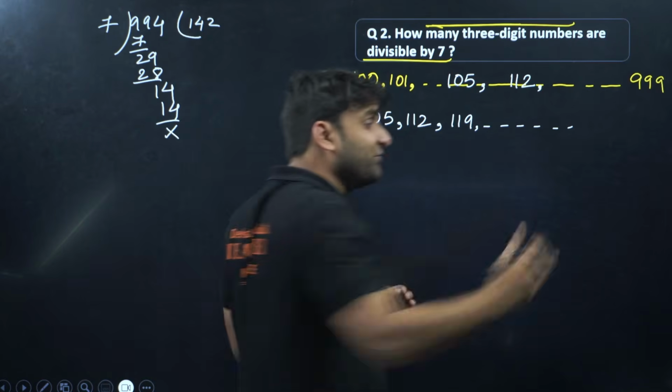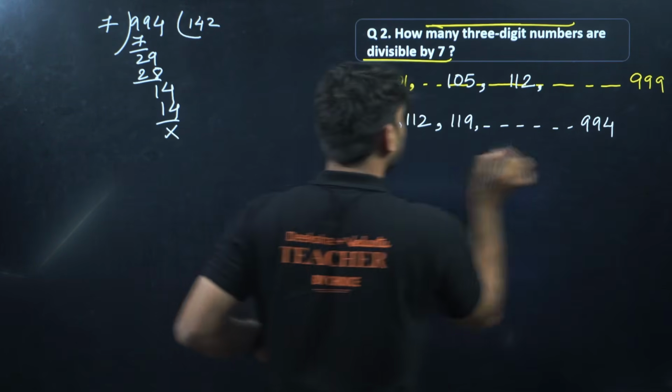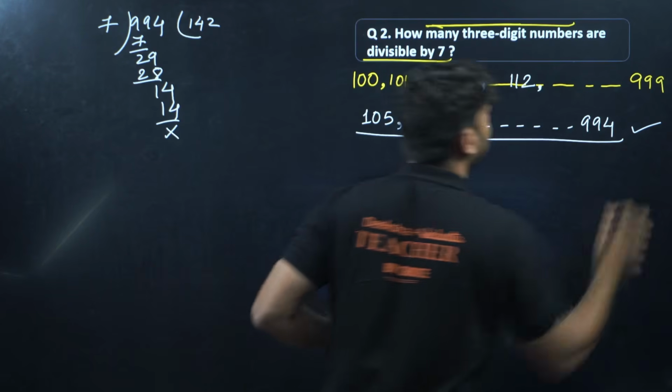So the last number from the end that can be divided by 7 is 994.